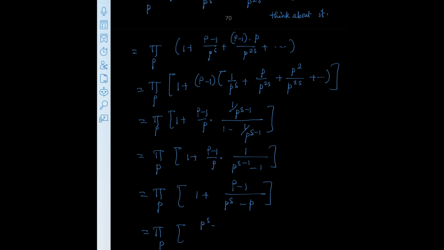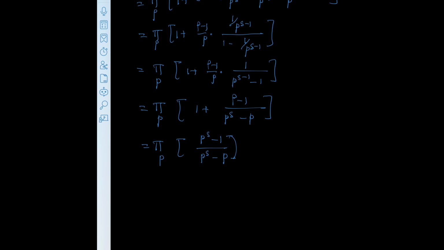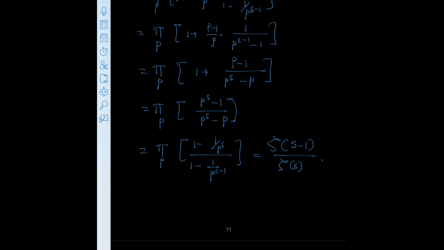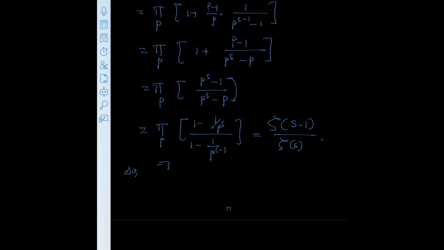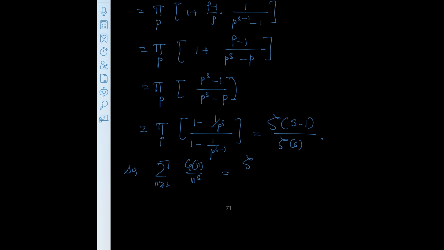And again, this is the product over p of p to the power s minus 1 divided by p to the power s minus p, which is 1 minus 1 by p to the power s divided by 1 minus 1 by p to the power s minus 1, and which is zeta of s minus 1 divided by zeta of s, if you know the Euler factorization of the zeta function. So this is a nice relation to the zeta function. The sum over phi n by n to the power s is zeta of s minus 1 divided by zeta of s.